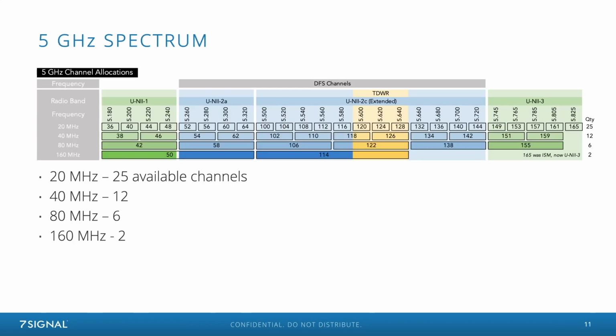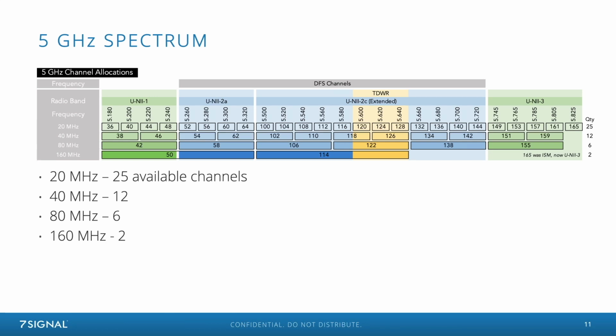But again, why use wide channels? Well, if we don't have a lot of APs and they're spread out far enough in the 5 gigahertz band, assuming we can use all 25 channels available in the US, we could use 40 megahertz channel widths and have 12 non-overlapping channels to use. And when we look at 6 gigahertz, it's going to be extremely rare for anyone to use 20 megahertz channels.